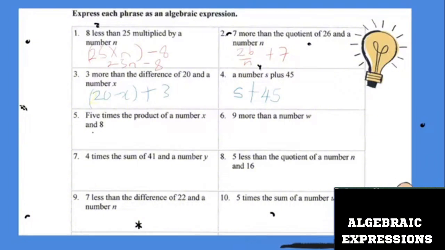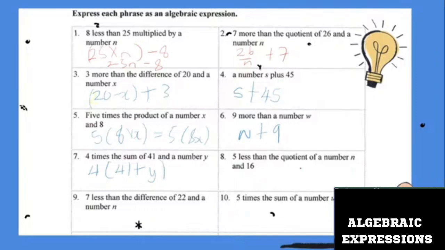Okay, so 5 times the product of 8 times x, which is equal to 5 times 8x, which if we multiply will just give us 40x. 9 more than a number w, this will be w plus 9. 4 times the sum of 41 and number y.